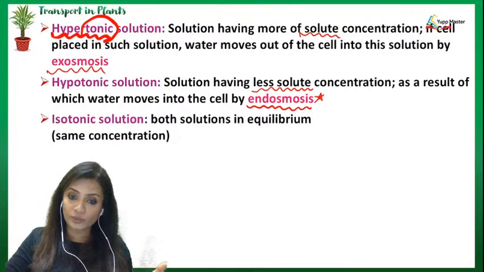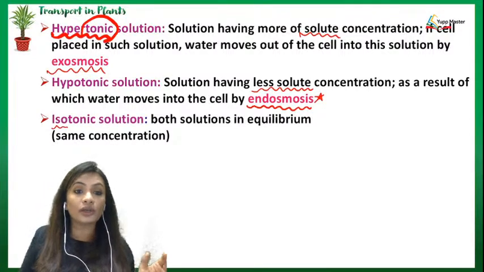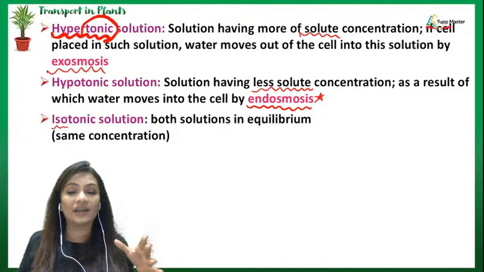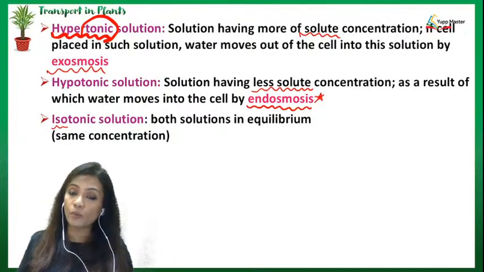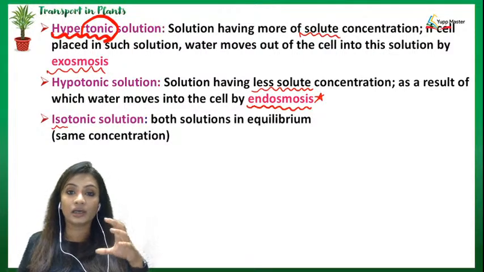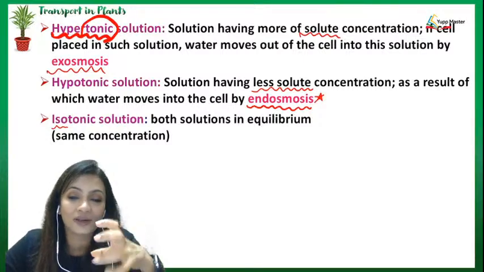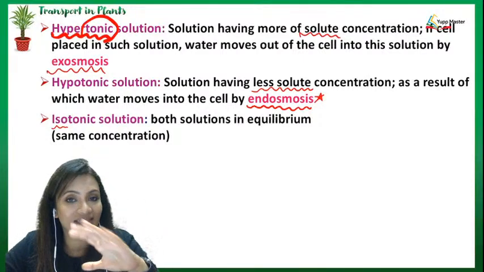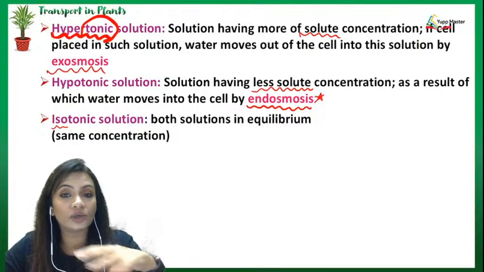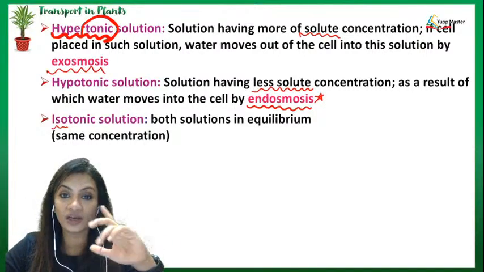That's why we call this an isotonic solution, where both are in equilibrium. Considering our cell experiment, there will be no movement or changes happening at the level of the cell.